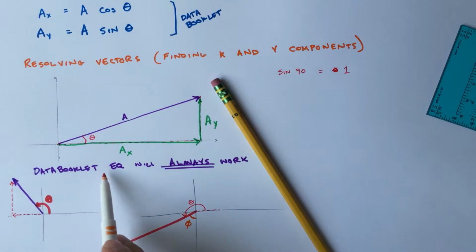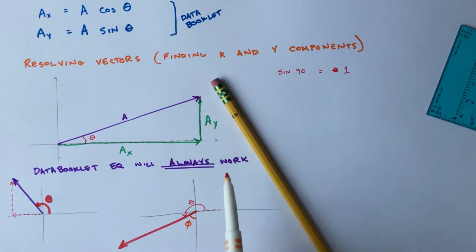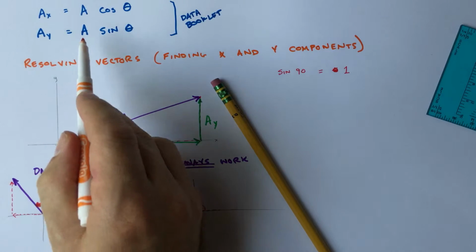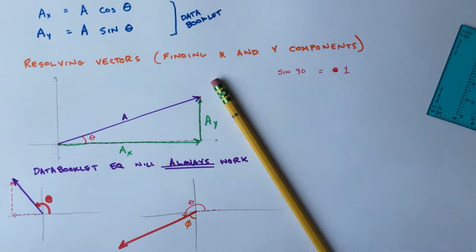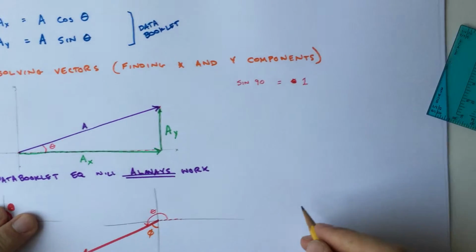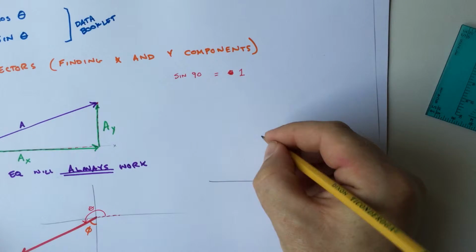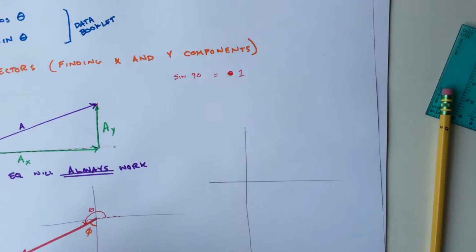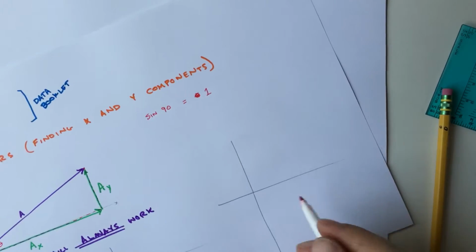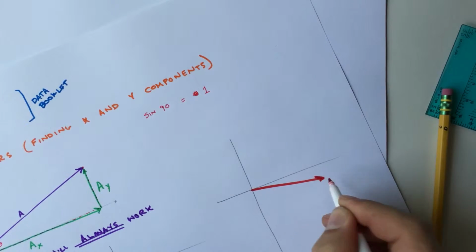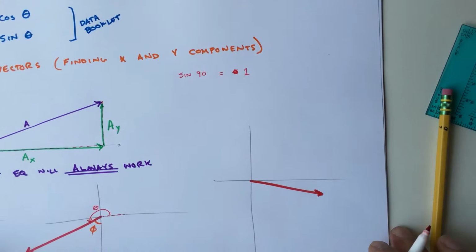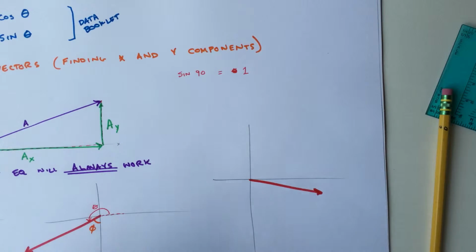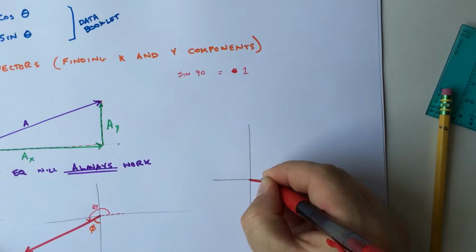In order for the data booklet equations to always work, you always have to use the same convention for theta, right? So these equations will always work as long as theta always begins from the same place. One more example here. If we have a vector that they tell you is just below the axes this way, well then theta is going to be like 330 degrees or something.